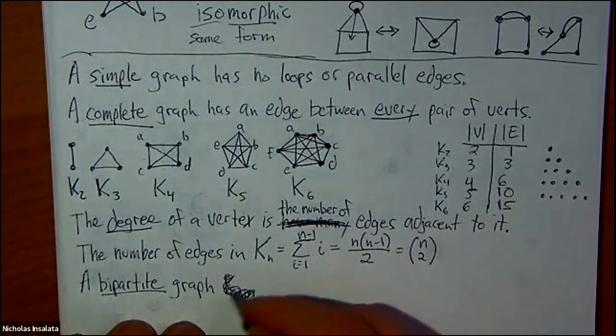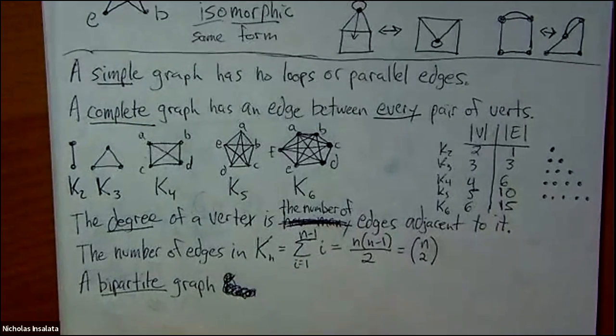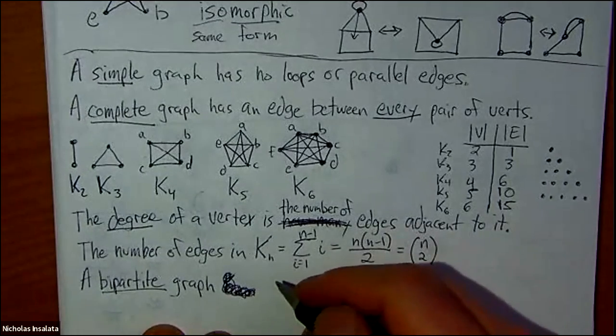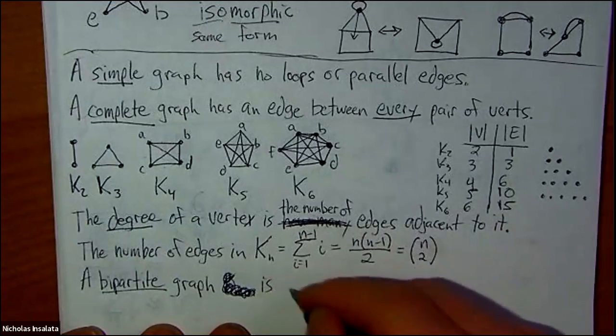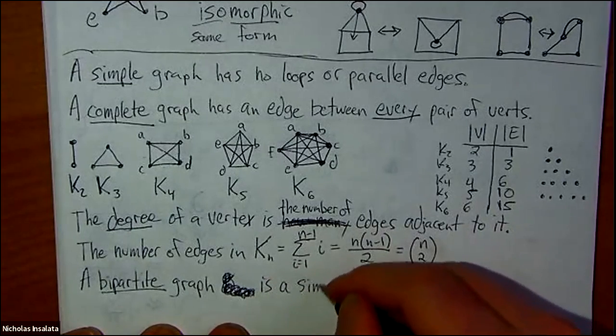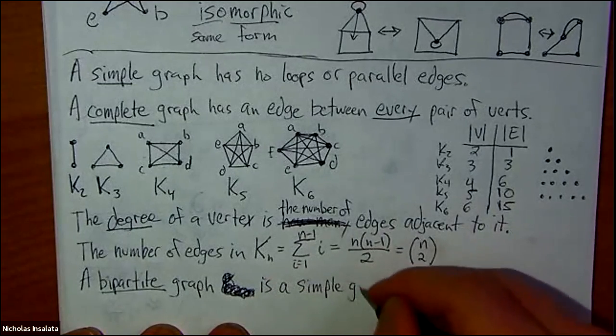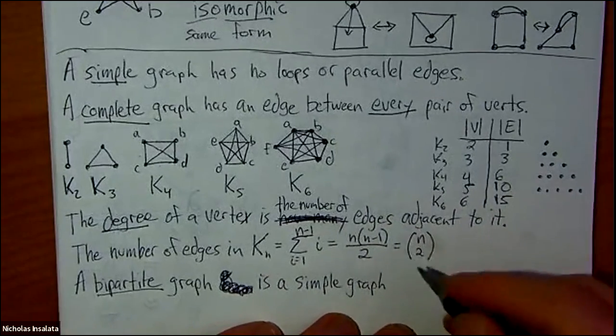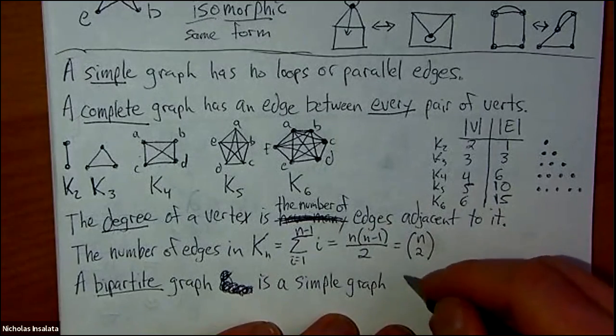You don't have to have this. I'm going to leave that off for a minute. We'll circle back to that. Is a simple graph that can be partitioned into two parts. I'll just say that can be split into two parts.